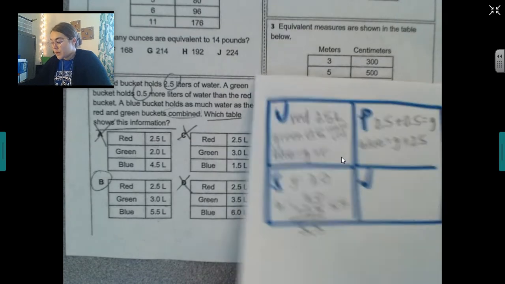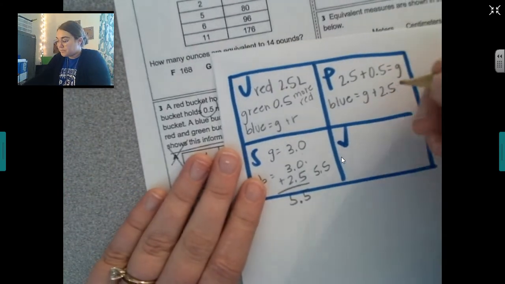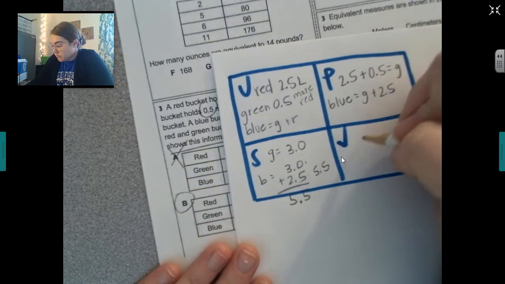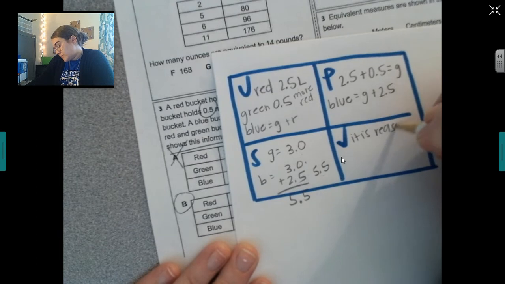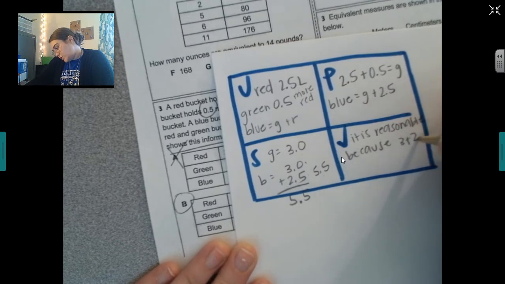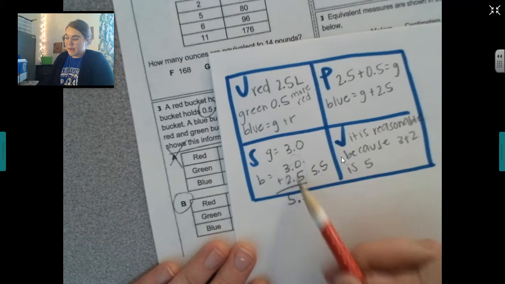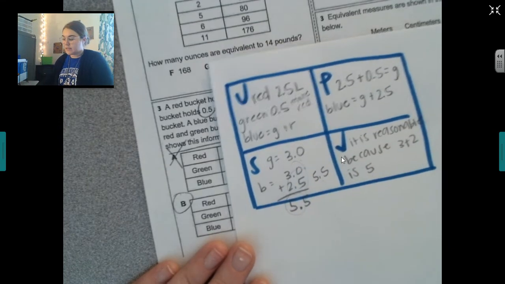So in order to check this, I'm going to explain how it is reasonable. Because 3 plus 2 is about 5, so 5.5 makes sense.